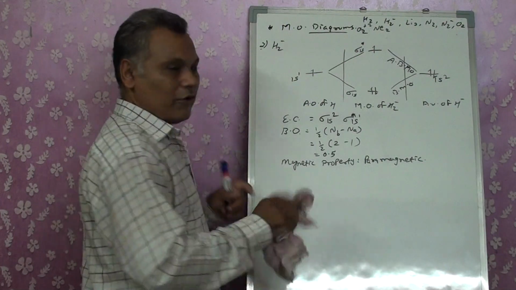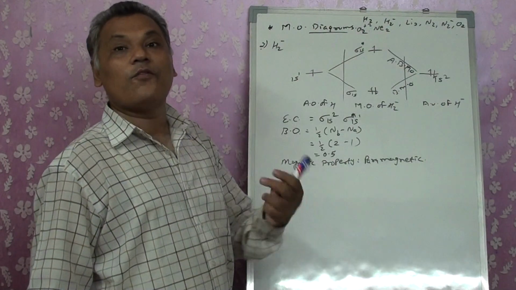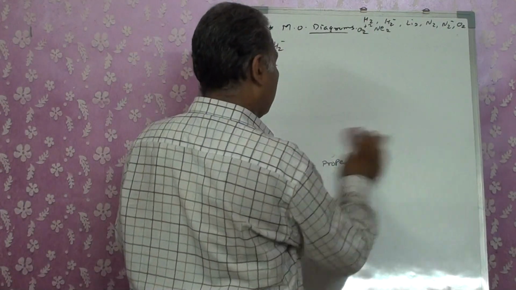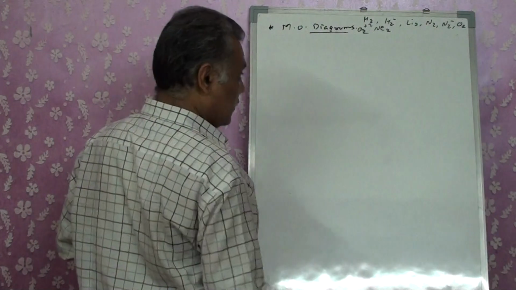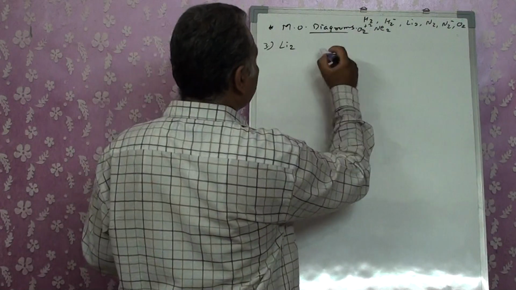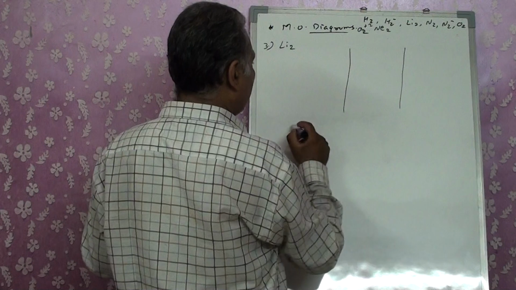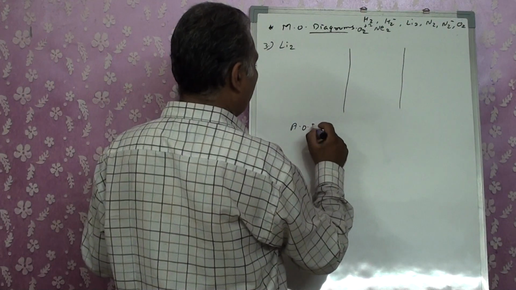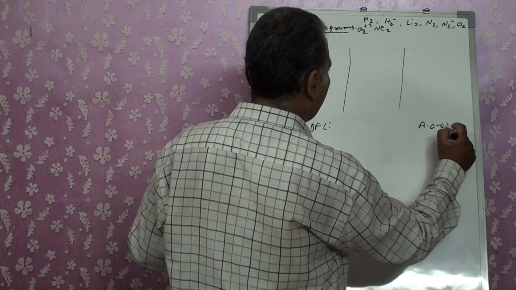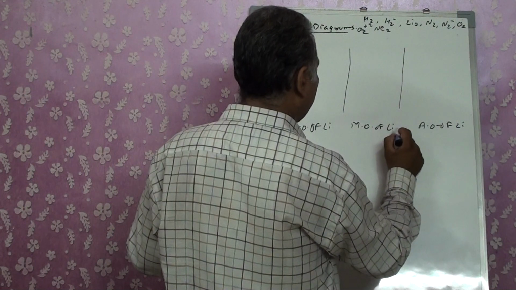Now I will have to do it with another diagram, because I am now going to have 1s and 2s both. Third diagram, Li2. That means we will have the atomic orbital of Li, atomic orbital of Li, molecular orbital of Li2.